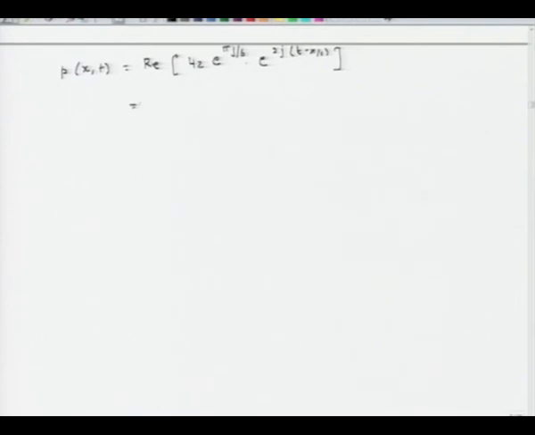This equals real of 42 e to the power of j, taking j out, (2t - 2x/c), and then I have to add this pi over 6.